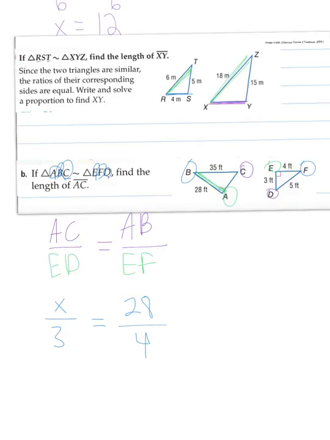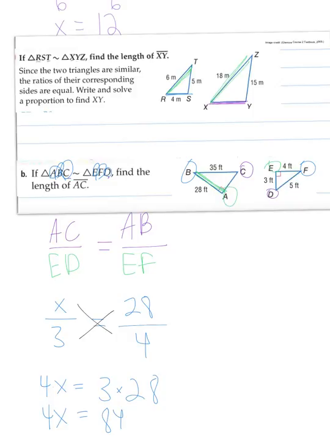Do your cross multiplication. We get 4 times x equals 3 times 28. I want you to write out each of these steps because I think some of us are forgetting these. Okay, so we have 4x equals 3 times 28 is 84.